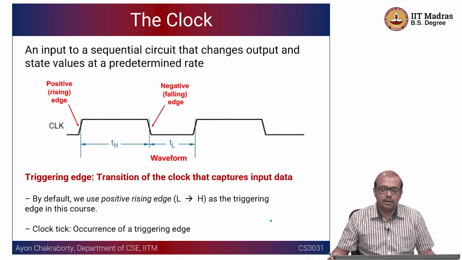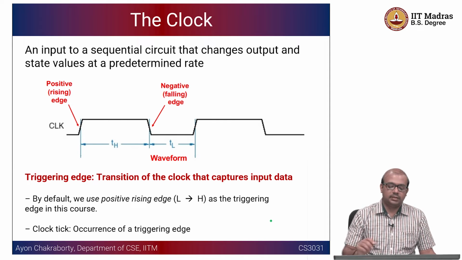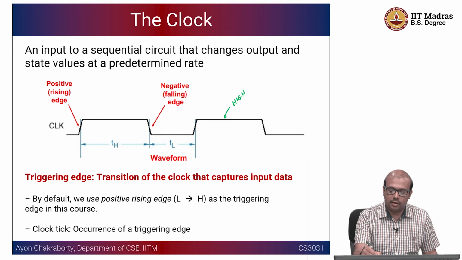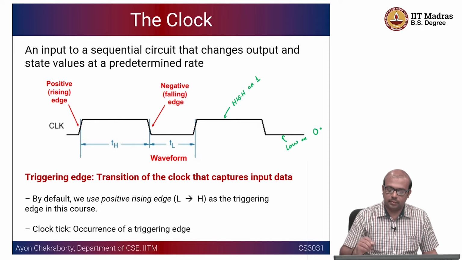This is done by using a clock, and this clock is an input to the sequential circuits that changes output states at a predetermined rate. So this clock has two states. One is the high state, high or logical 1, and this is the low state, low or 0, okay.